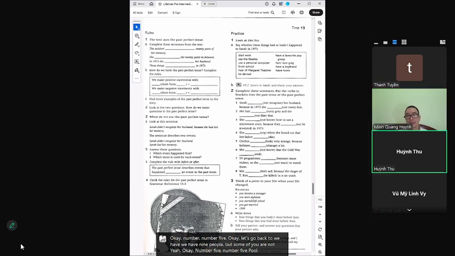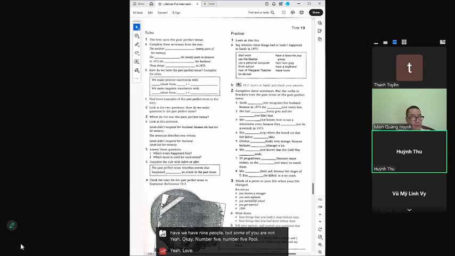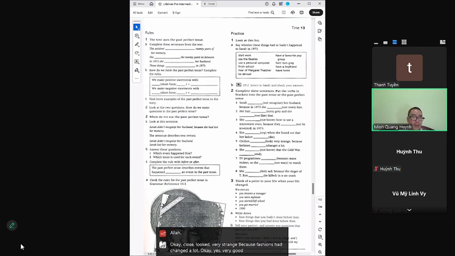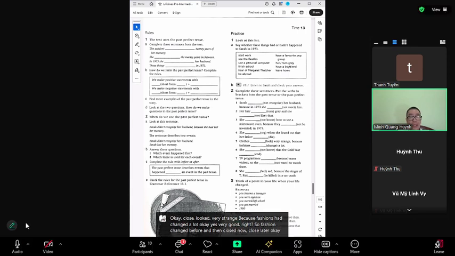Clothes looked very strange because fashions had changed a lot. Okay, yes, very good. So fashion changed before, and then clothes later. Good.